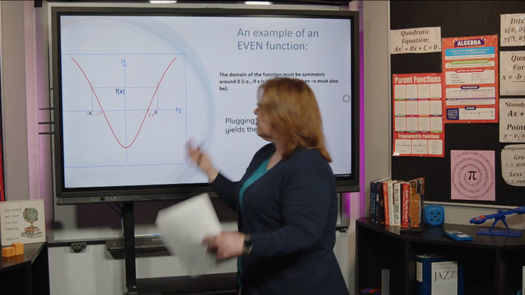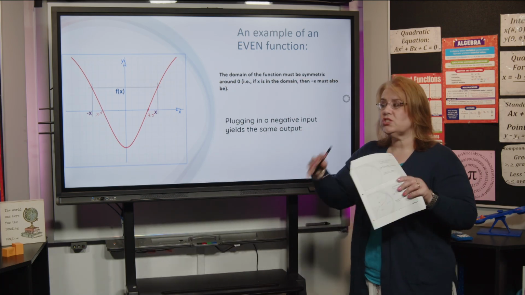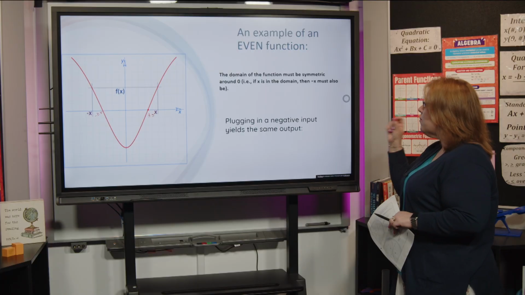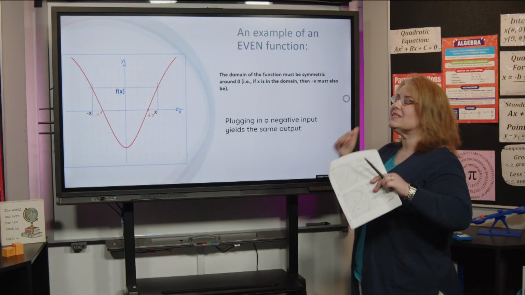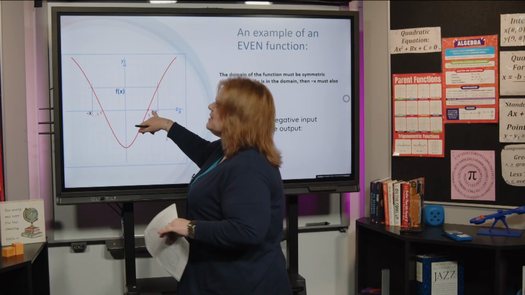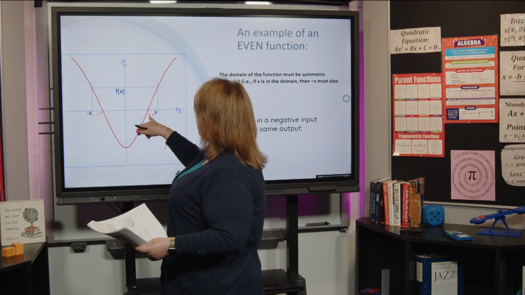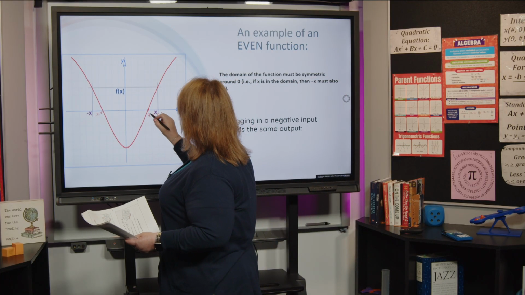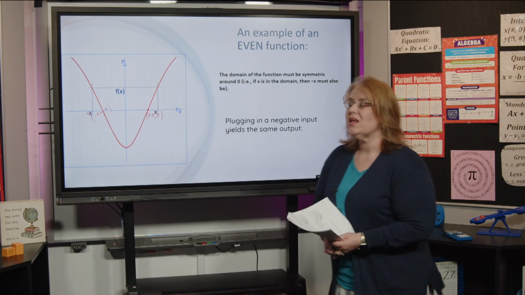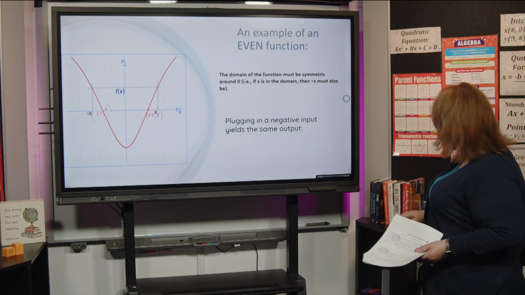So when you have your x in these even functions, you also have to have your negative x. Plugging in the negative input yields the same output. So you need to make sure that my output is 0 because that's my y value. So that point with 0 is the same as putting that input in, and you still have the same output. So that's what your even functions are looking like.